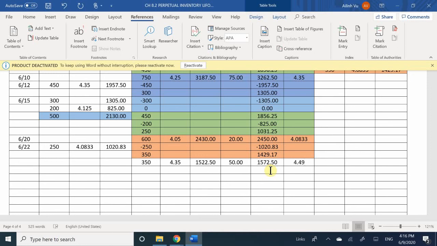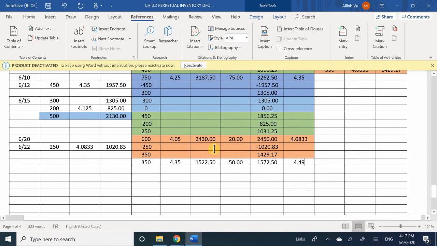I'm still only getting 2 digits. I don't know what's wrong with my calculator. I was able to do it this morning when I was practicing. Okay, here we got 4.5014.